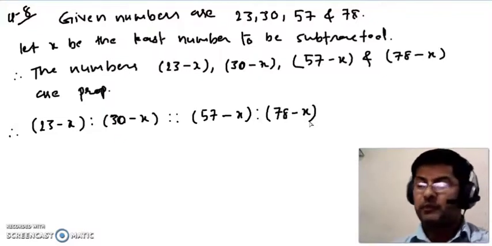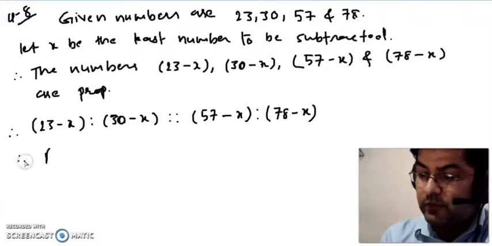Now again the same result: product of extremes is equal to product of means.